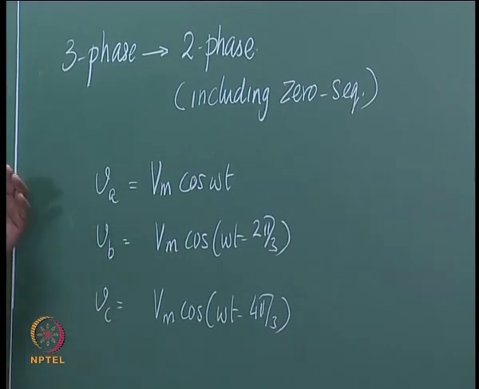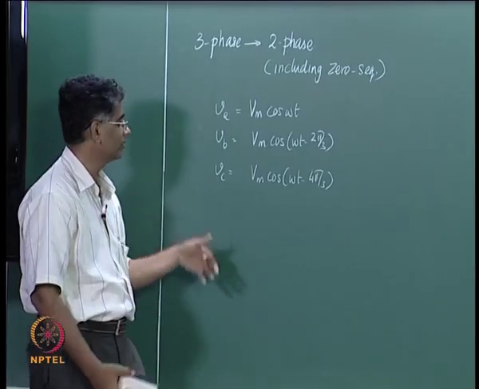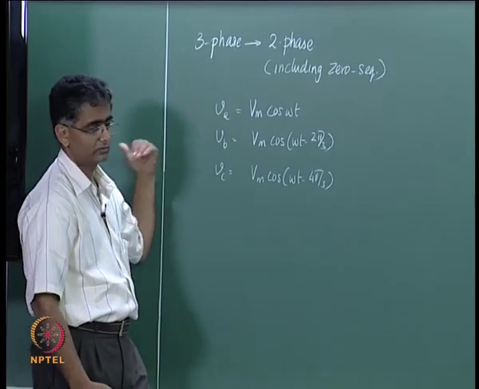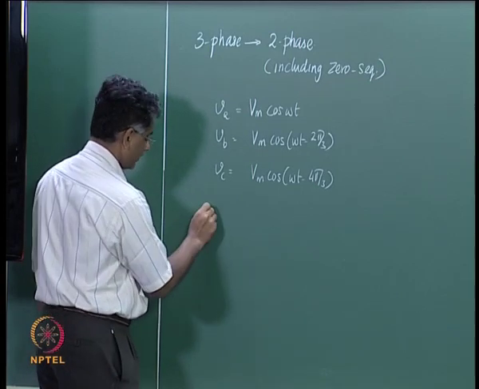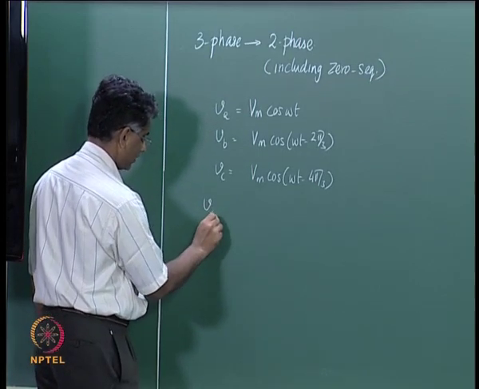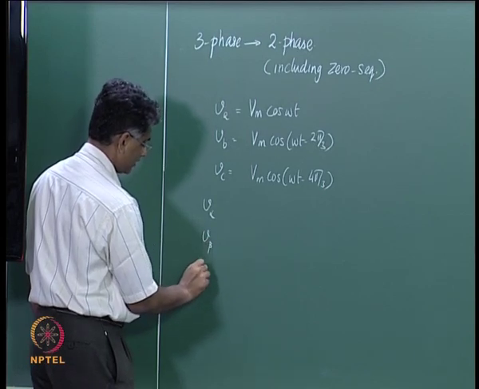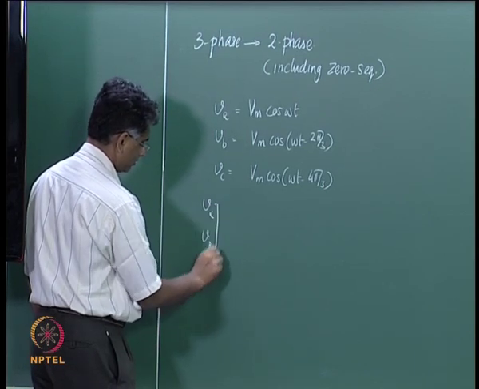And while going from 3-phase to 2-phase, what we are doing is transforming all the variables from the 3-phase to the 2-phase reference frame, and therefore what we have is V alpha, V beta and V 0.